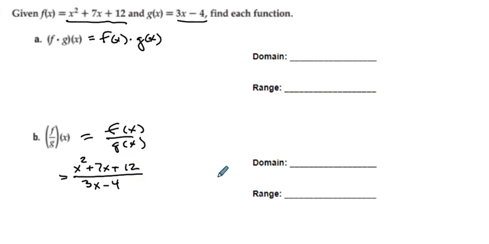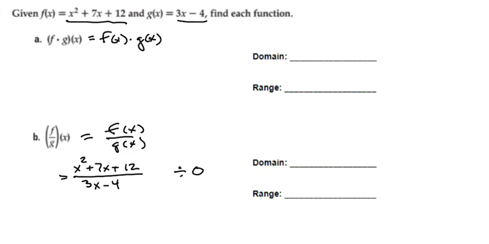Now, what is new about dividing with these is that we have to remember a very important thing with division. The most important rule with division, that I think we all know but have to remember, is that you can never divide by 0.